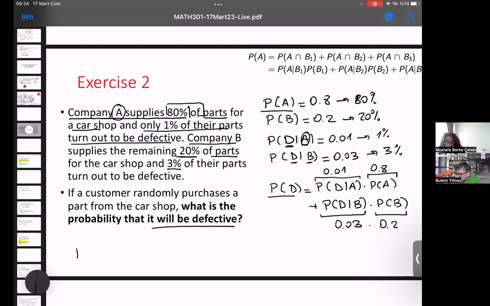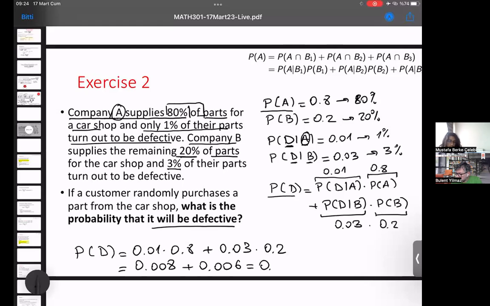So I'm gonna find out probability of defective is gonna be 0.01 times 0.8 plus 0.03 times 0.2, which is gonna be equal to 0.008 plus 0.006, which is 0.014, which is 1.4%.